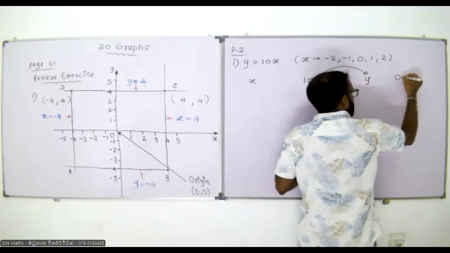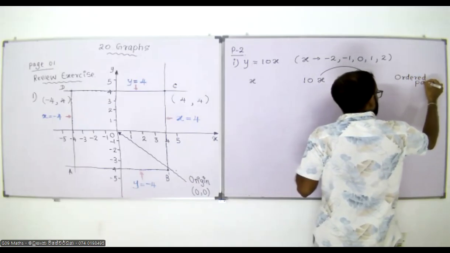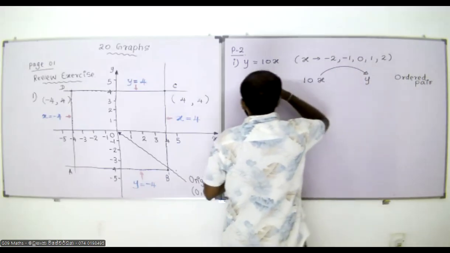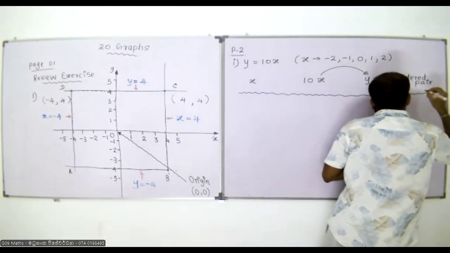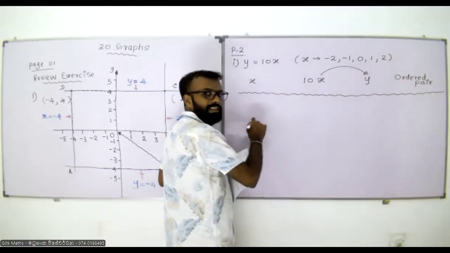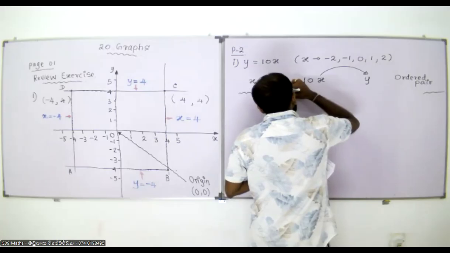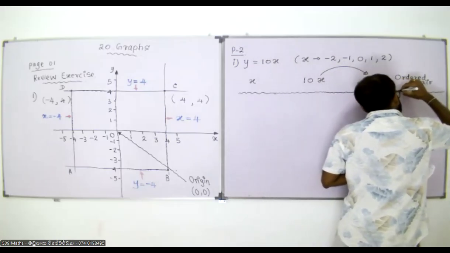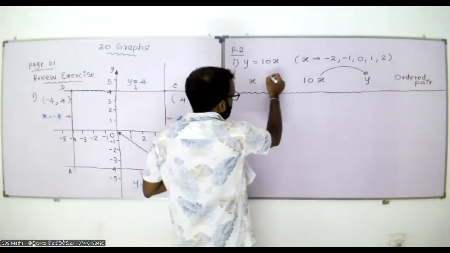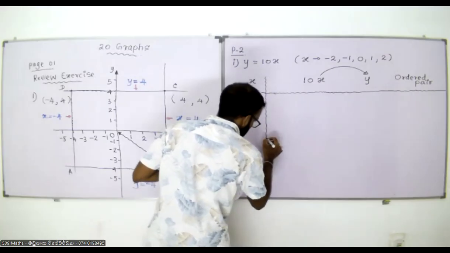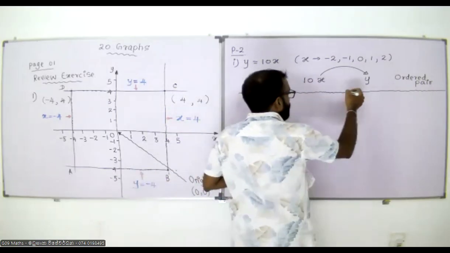Then you have to write down the ordered pair. Put a bar. This is the column that you are going to use as your x values.